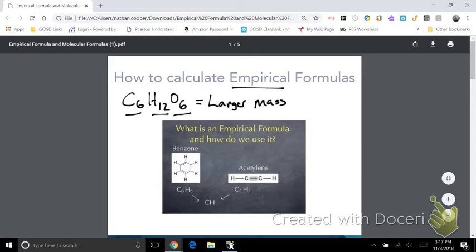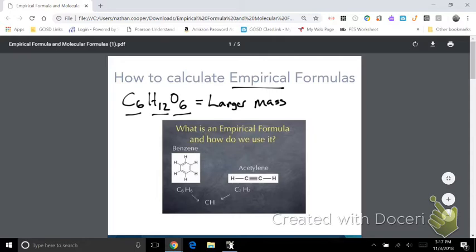But to make things easier, we can simply write this formula in a simplified manner. So if I ask you to get the empirical formula, and I give you a formula like C6H12O6, you need to look at the formula and say, can I reduce it? Can I simplify it? Can I divide everything by a number to get simpler numbers? And then that's my empirical.